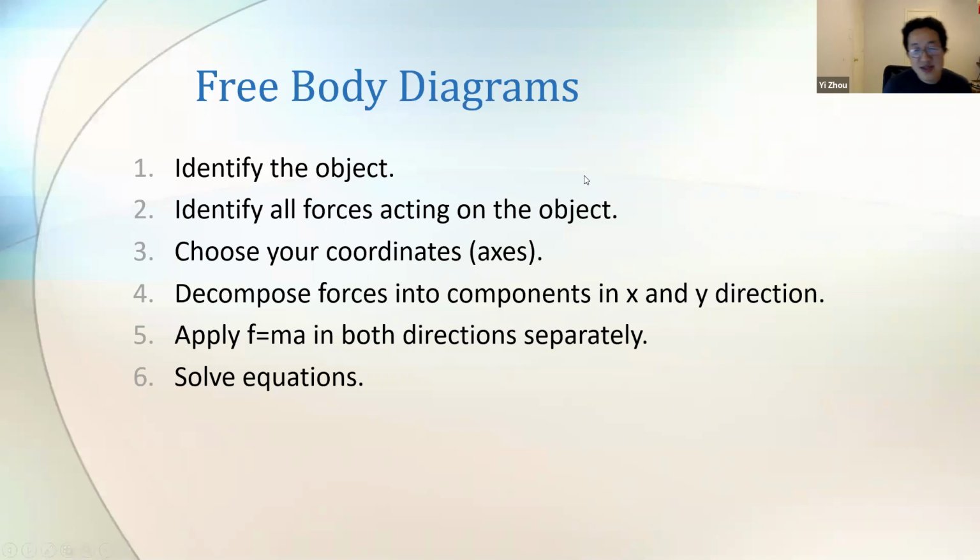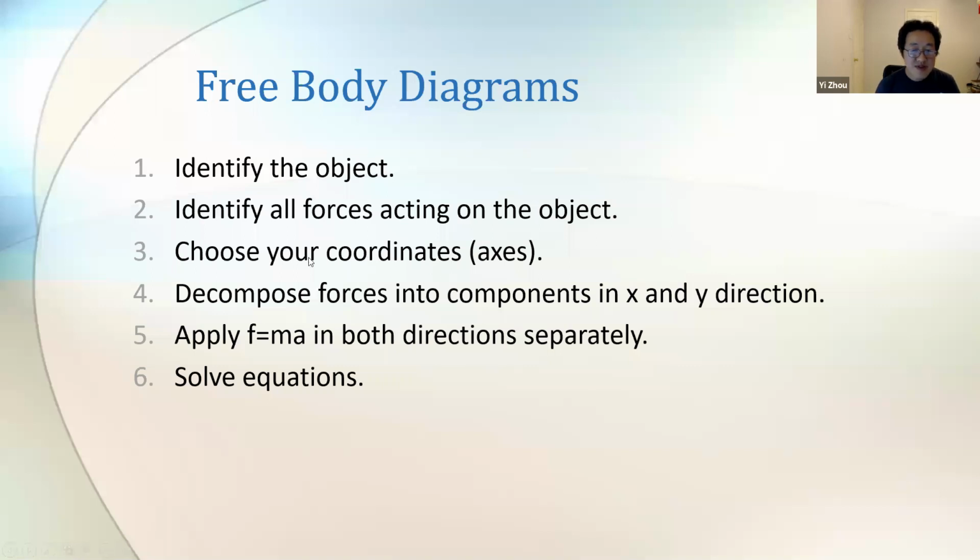Because this is not a 1D problem, we have to choose our coordinates. We define our x and y. This x and y doesn't need to be horizontal and vertical. It can be tilted, depending on the situation. Why do we need the coordinates? Because we want to turn a 2D problem into two 1D problems.